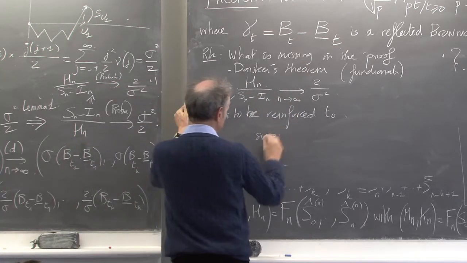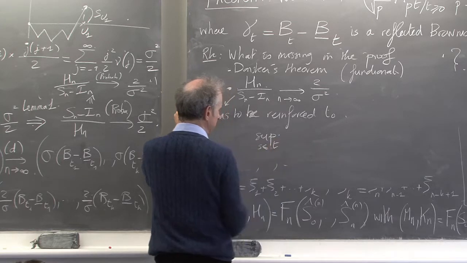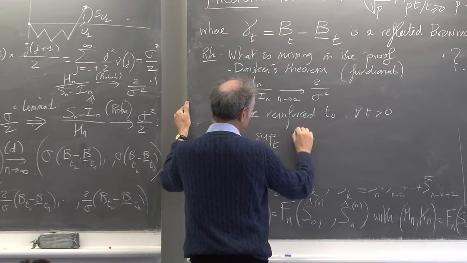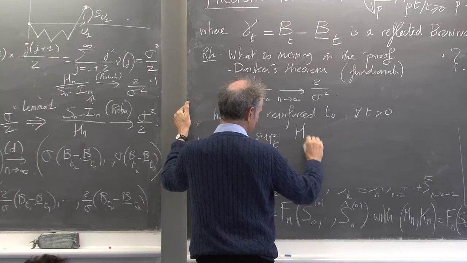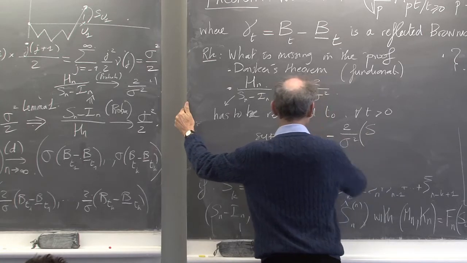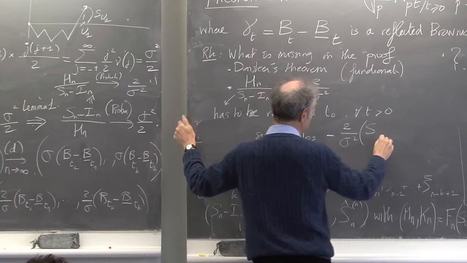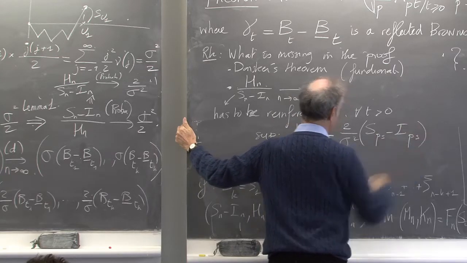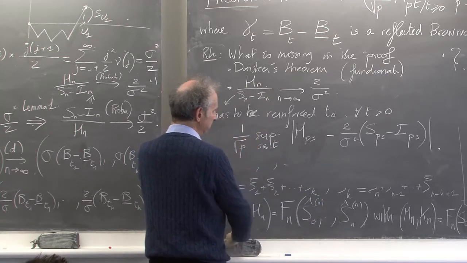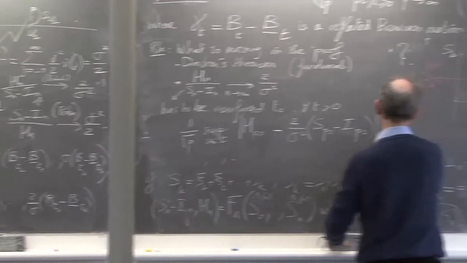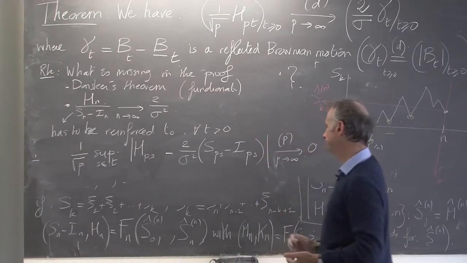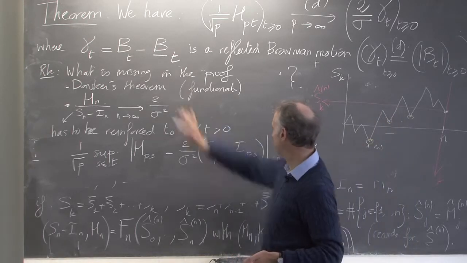So what you do, you take the supremum of all s less than t, so for, say, any t positive, and you look at H at time ps, you subtract 2 over sigma square s at, well, here you can take, well, it doesn't matter, you can take the linear interpolation if you want. Okay, take this supremum, you normalize it, well, the scaling is always 1 over square root of p, and you want to say that this converges in probability to 0. Okay. So you want this kind of uniform version of this convergence here.